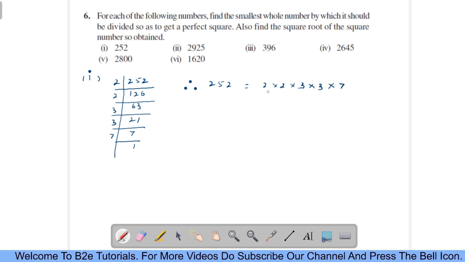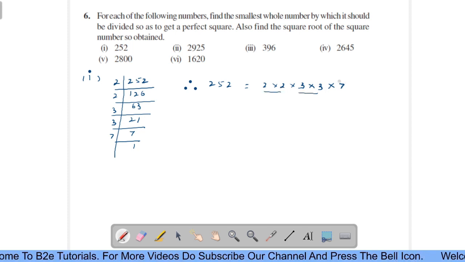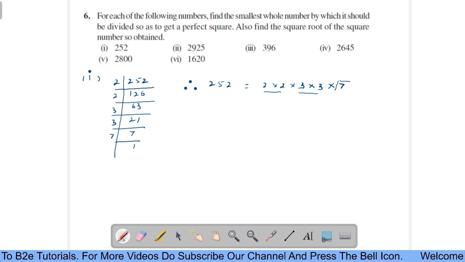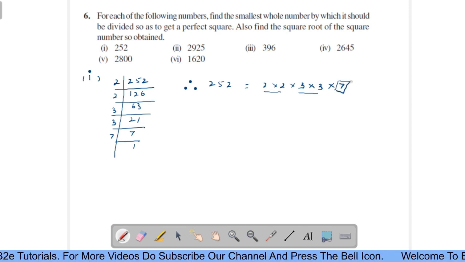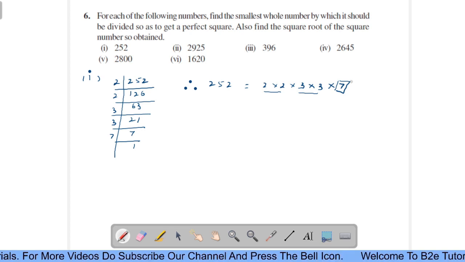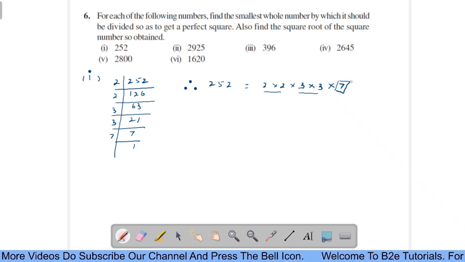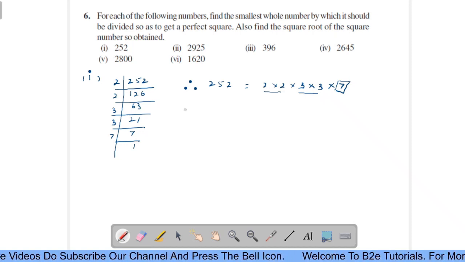Now make pairs of 2. Here 7 is left without pair, it means 7 can be removed. So here we have to find out by which number it should be divided. It is 7.